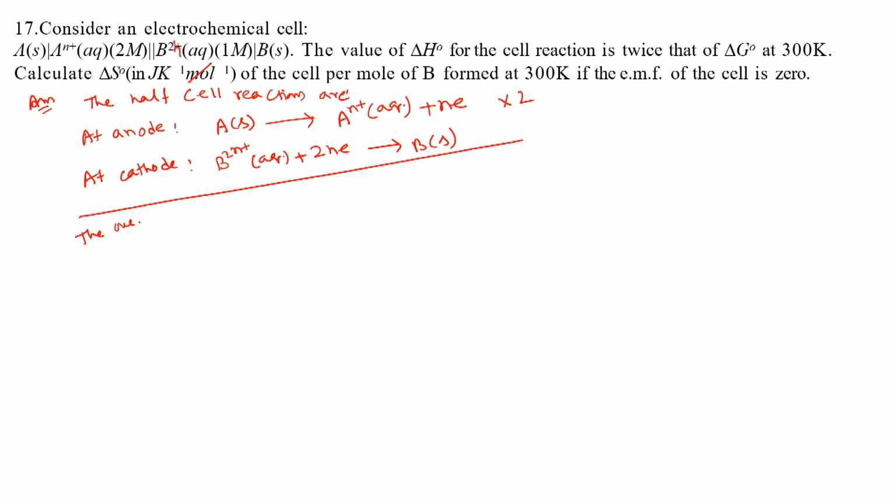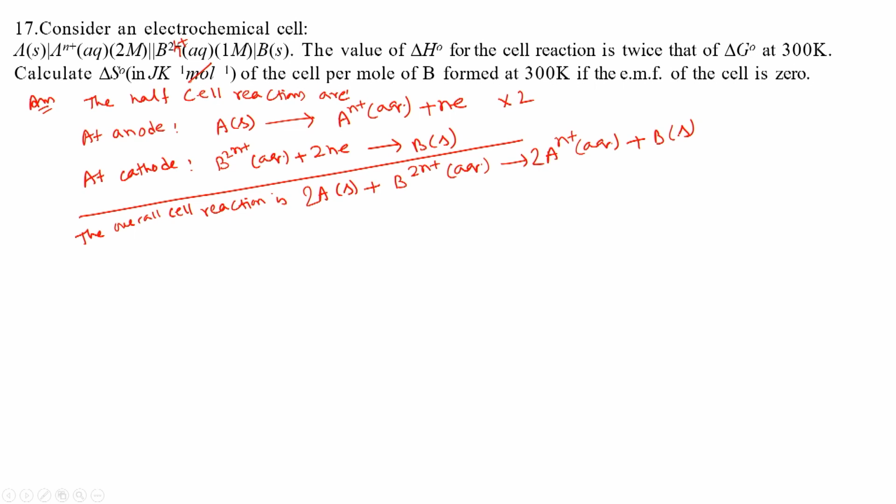And then the overall cell reaction is A solid plus B^2n+ aqueous gives 2 times A^n+ aqueous, and then we get 2A here, 2A^n+ aqueous plus B solid.